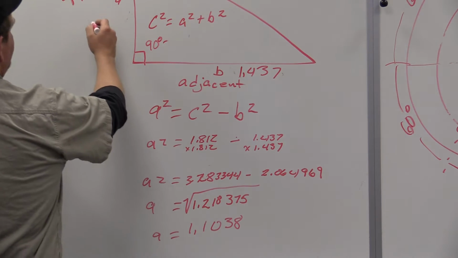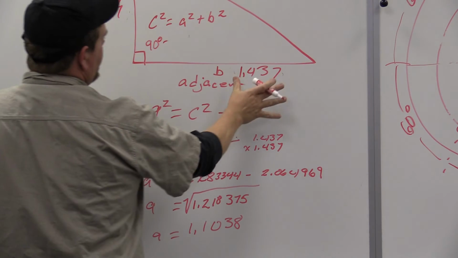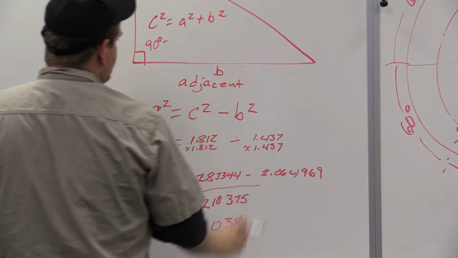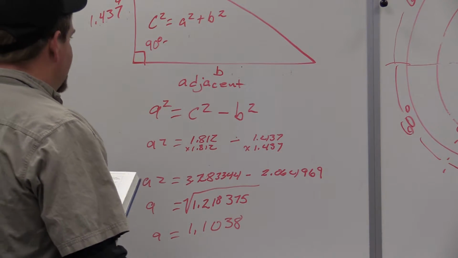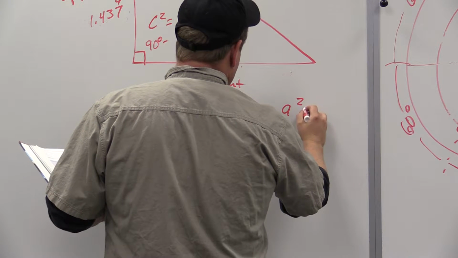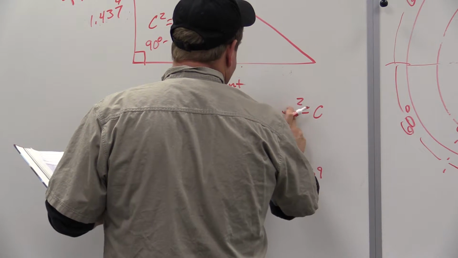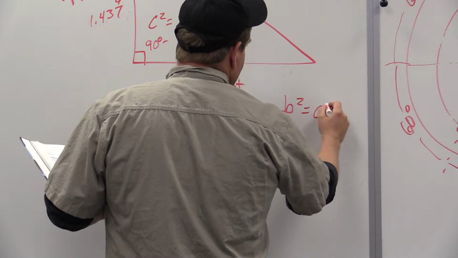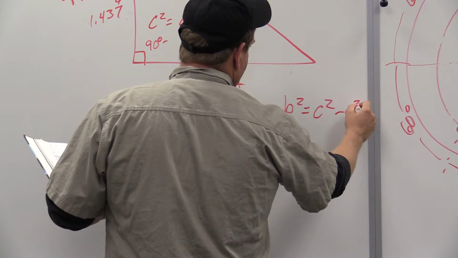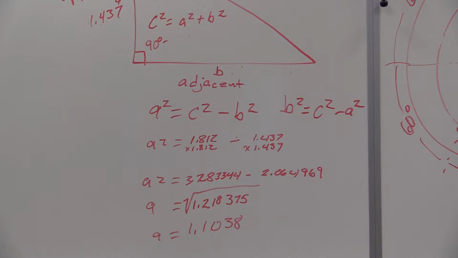So let's say we knew the value of A and not B. Then we end up doing the exact same thing. But now, we change the formula from A squared is equal to, we're looking for B, C squared minus A squared. Okay? That's all we do. If you notice, the C is the first one we subtract.